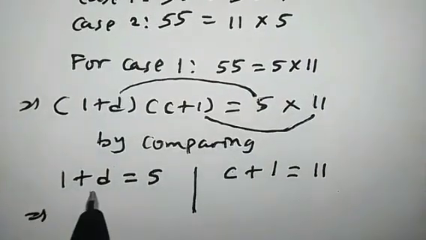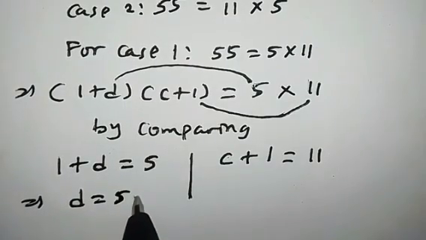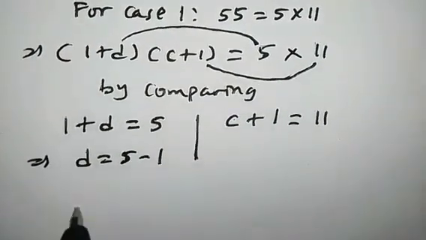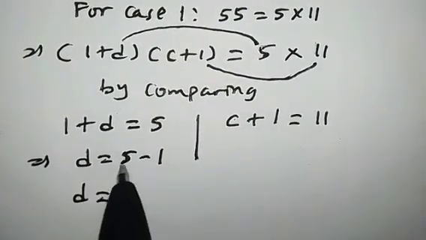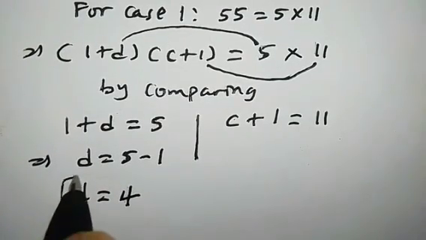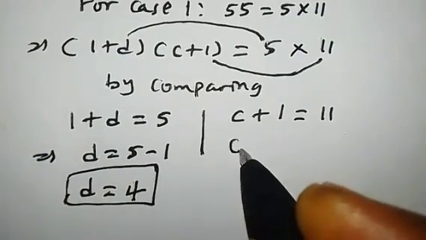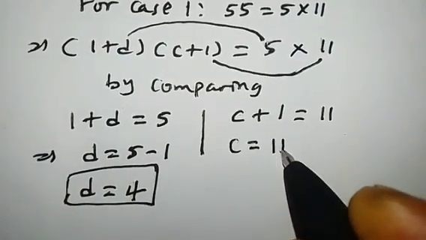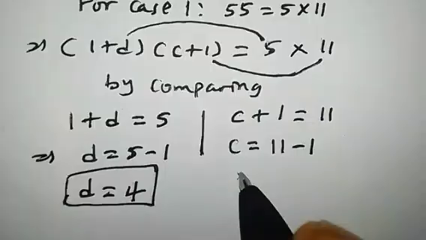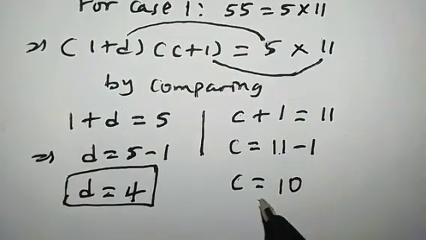From this line, it is obvious that D equals 5 minus 1, that is simply 4. This is the value of D. From this line also, C equals 11 minus 1, that is 10.